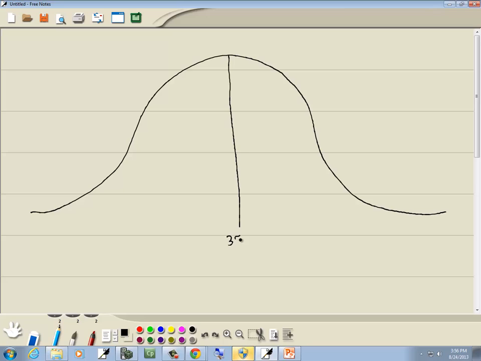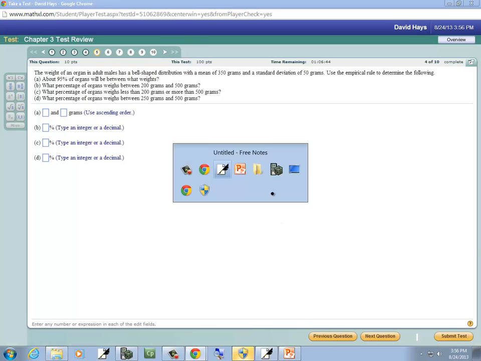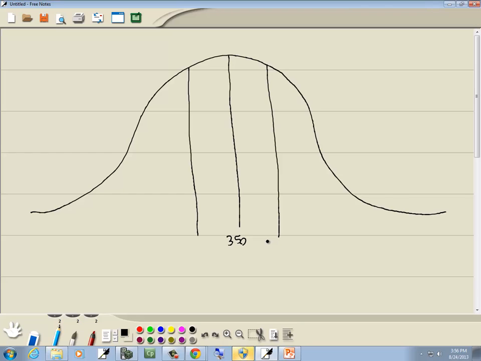So 350 goes there. Now our standard deviation is 50. So this right here is going to be our mean plus 1 standard deviation. Now I'll write these in terms of population values. So we've got mean plus sigma. So we're going to have 350 plus 50, which is going to give us 400.